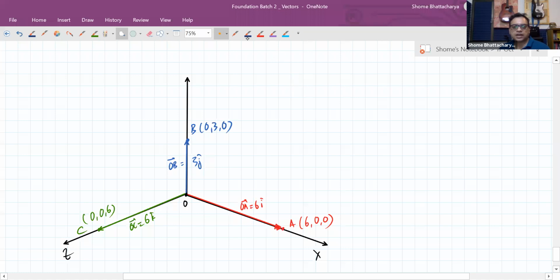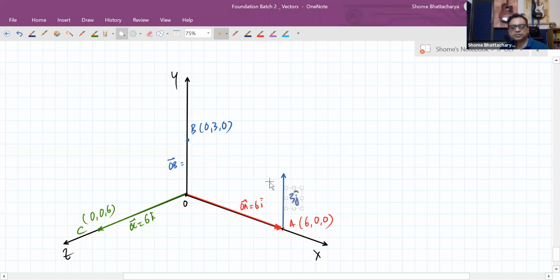Starting from the origin, OA brings us to this point A over here. But now I have to add the vector OB to it. So I'll have to pick up this vector and place it here. Okay, so I'll reach this point here.